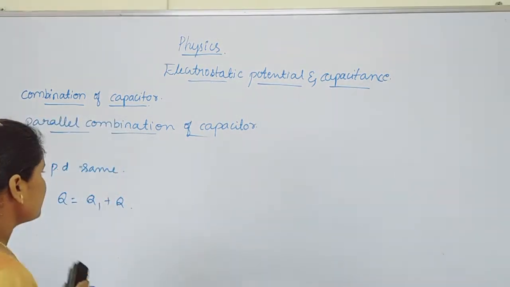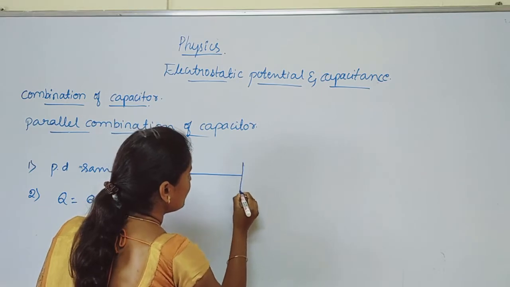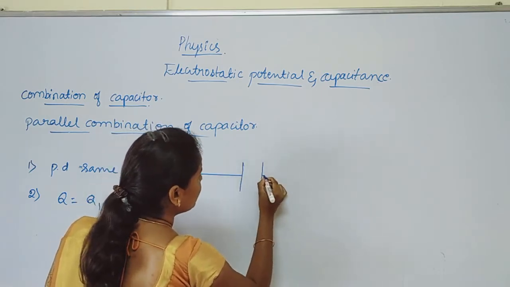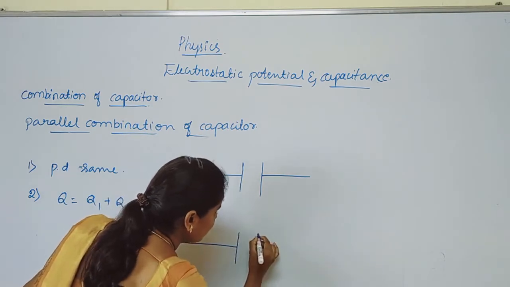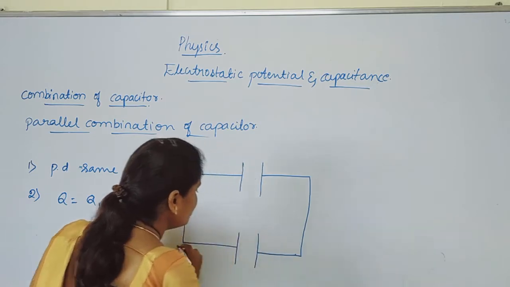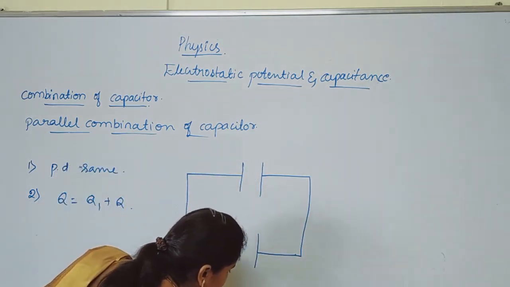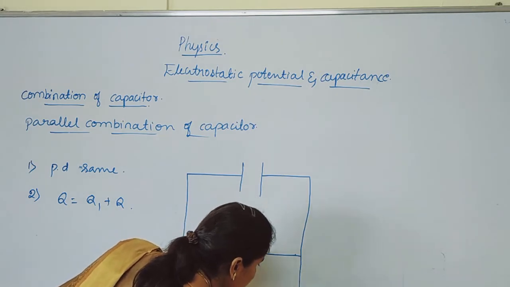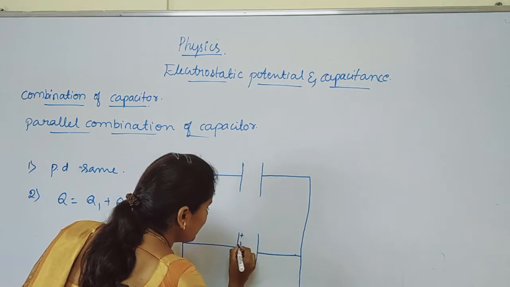So let us understand by a circuit diagram. We consider two parallel plate capacitors connected in parallel, and these two common points are connected to a battery to supply the potential difference by a voltage. This is positive, negative.